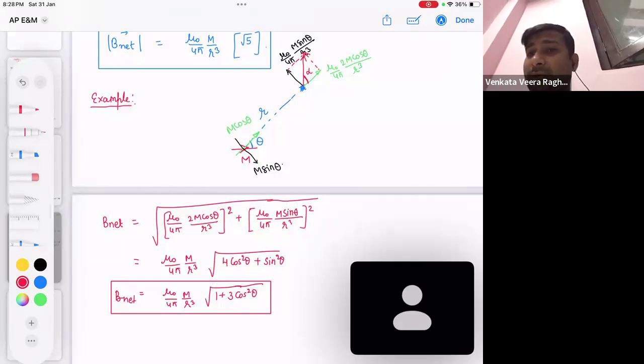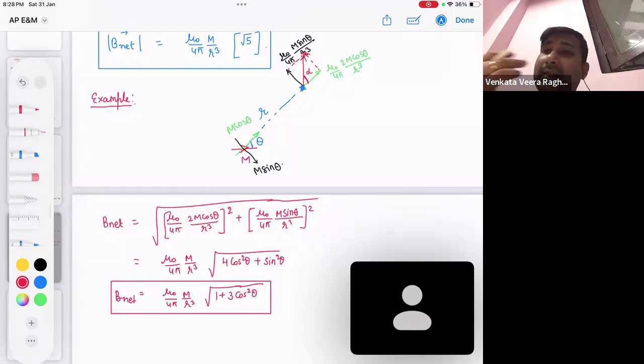Mu naught by 4 pi m by r cube root of 1 plus 3. 1 plus 3 means 4, and square root of 4 means 2. That means mu naught by 4 pi 2m by r cube will be our answer. If you put theta equal to 90, what kind of point will it become? Equatorial point. The value will be mu naught by 4 pi m by r cube.